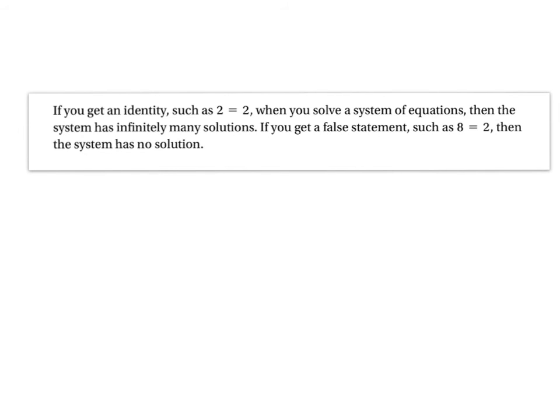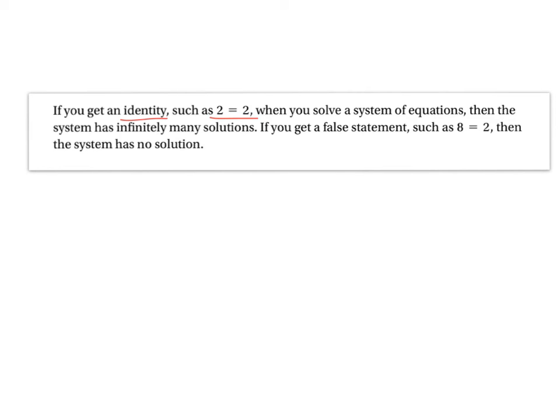Most of the time when you solve systems of equations, you will get x equals a value or y equals a value, some sort of a variable equals a value. But occasionally you won't, you'll get something different. One of the different things you may get is something like 2 equals 2, where the left side has a real number which is equal to the same real number on the right side. If that happens, you get what's called an identity.